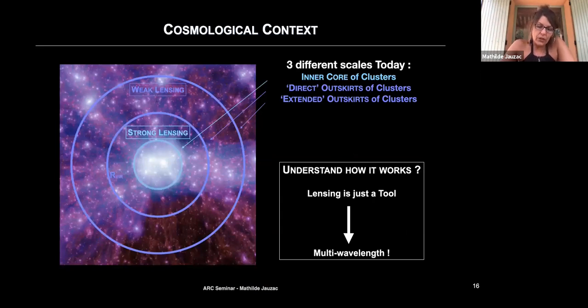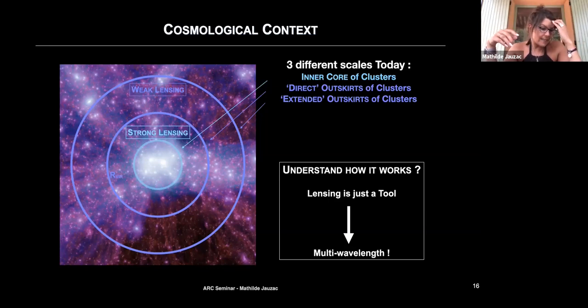I'll finish my introduction by showing the sketch that you're going to see on most of my slides in the top right corner, because I'm going to talk about 3 different scales today. The really inner core of the cluster, where you're going to observe strong lensing, up to the virial radius of the cluster, where you observe weak lensing, and then we're going to go even further, where you're going to start tracing the inflow of matter from the large-scale filaments, if you remember the Millennium 2 snapshot that I showed earlier.